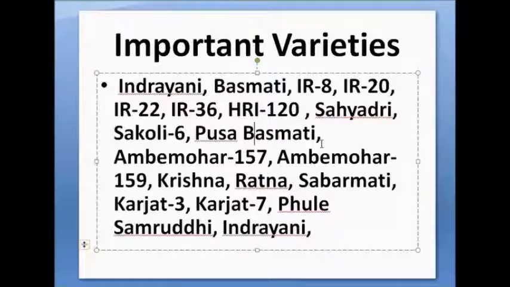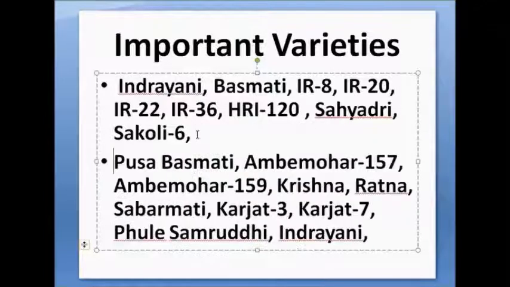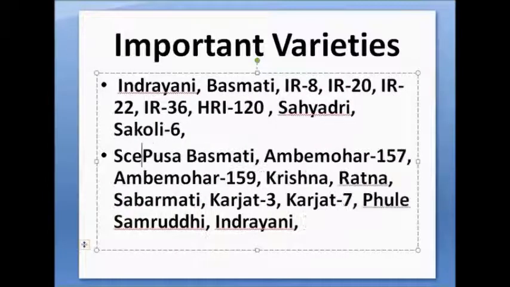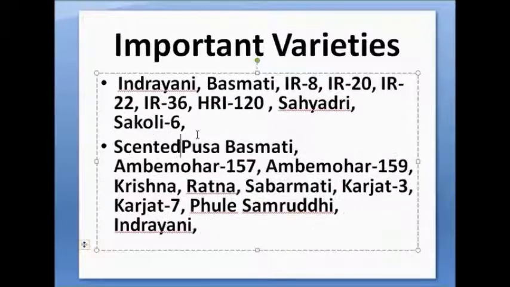Then there are some varieties which are called scented varieties. So these are scented varieties: Pusa Basmati, Ambe Mohar 157, Ambe Mohar 159, Krishna, Ratna, Sabarmati, Karjat 3.